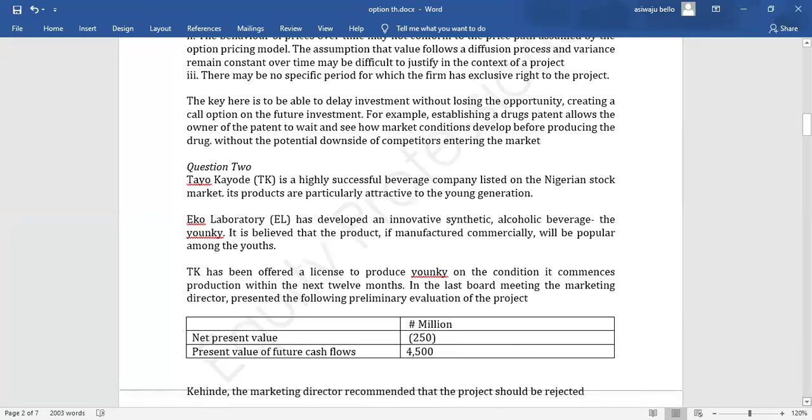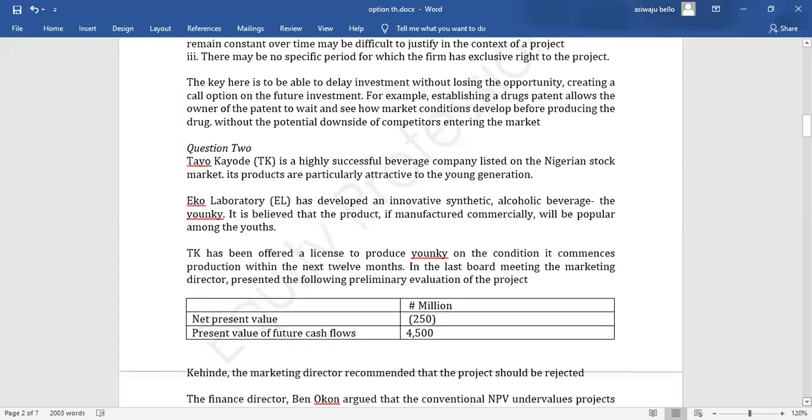Question number 2, I have texted. That should be November 2022. I'll read. Tayo Kayode, in brackets TK, is a highly successful beverage company listed on the Nigerian stock market.